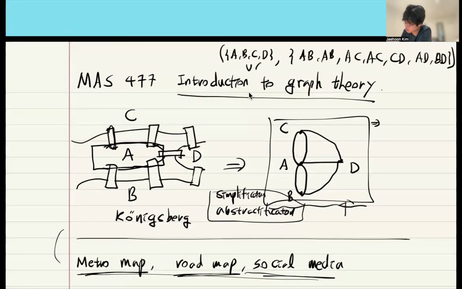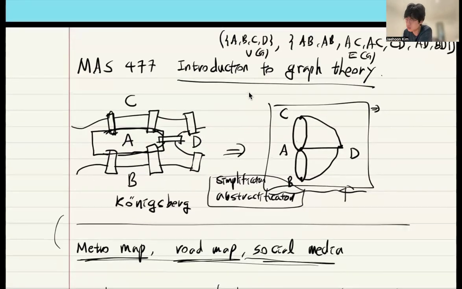So this is V of G, and this is E of G. And then this pair represents this graph.